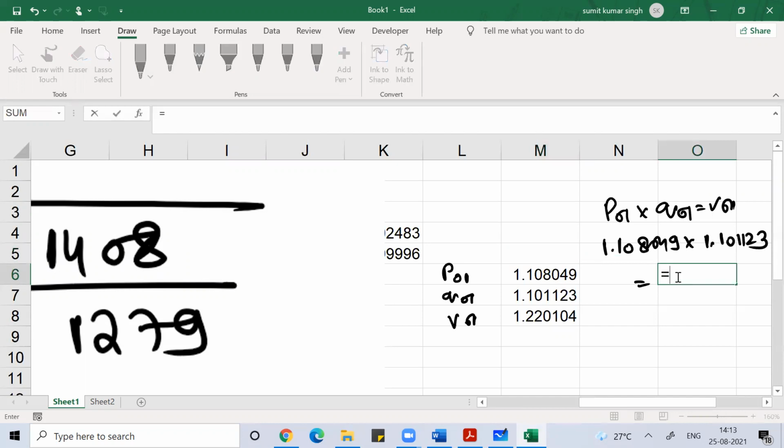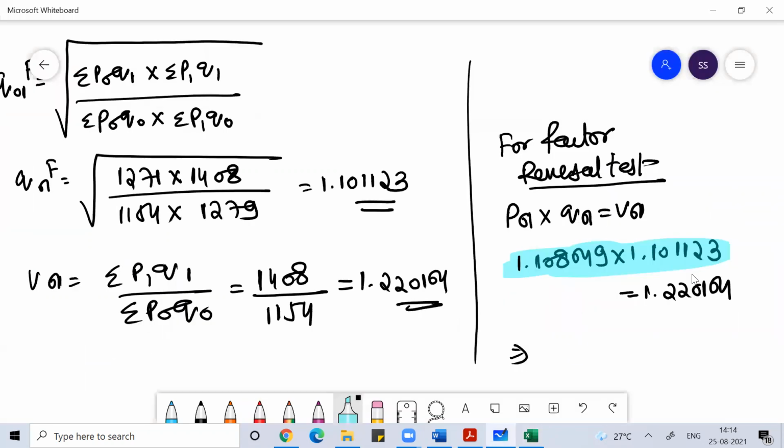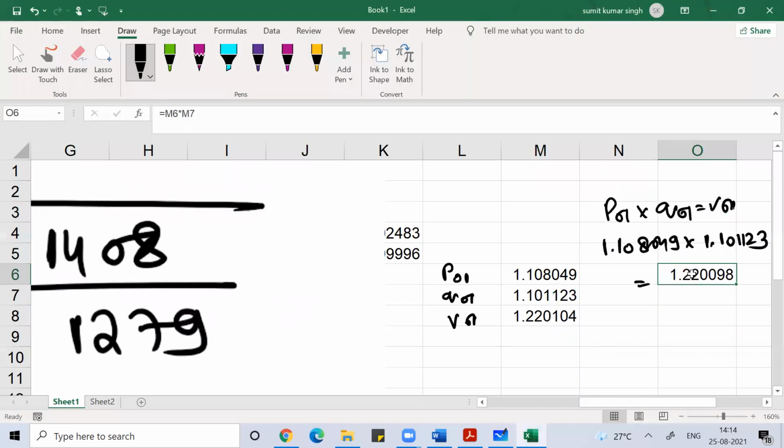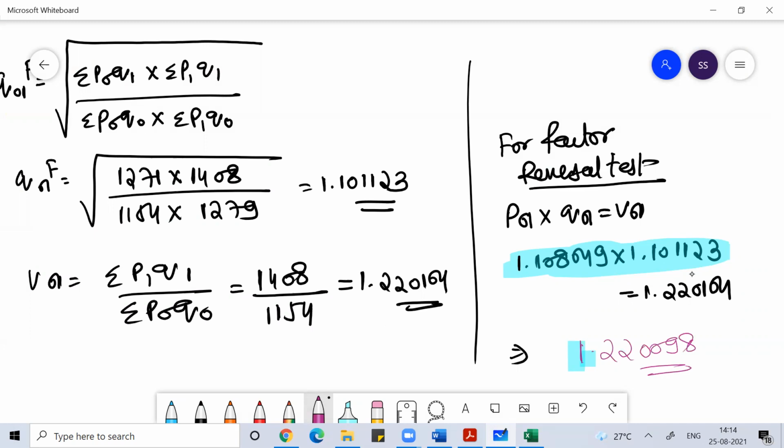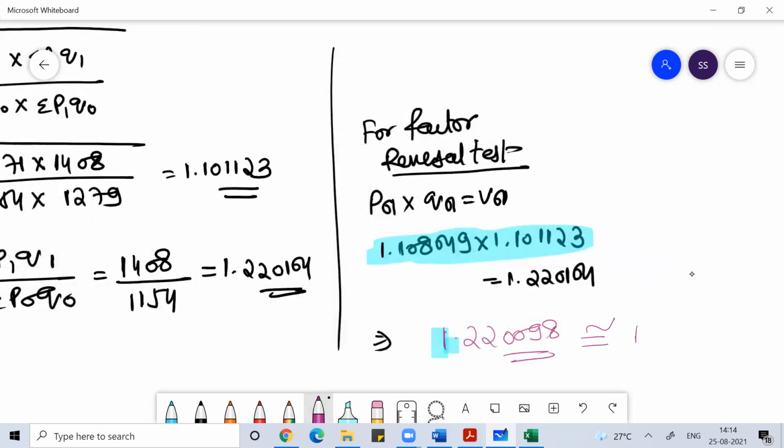Let's try this. You can see I'm getting 1.220098, which is approximately close to this one. This shows that the Fisher ideal index satisfies both the time reversal test and the factor reversal test. Clear? Anyone, any doubt?